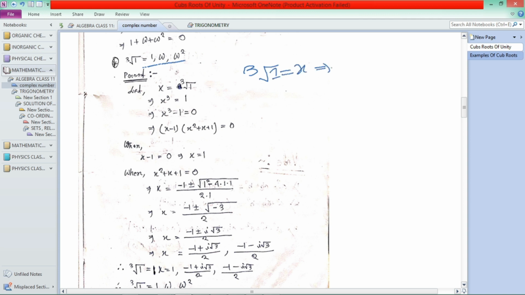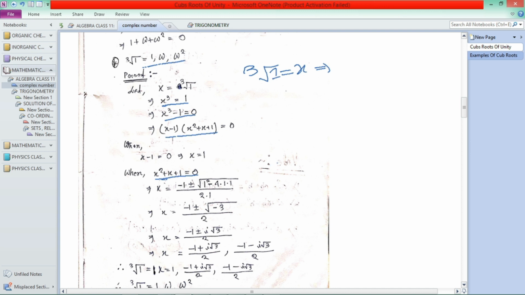x. Then x cube equals 1, so x cube minus 1 equals 0. The factorization is x minus 1 into x square plus x plus 1. So x minus 1 equals 0 gives x equals 1, and in x square plus x plus 1 equals 0, x is minus 1 plus or minus root of 1 square minus 4 into 1 into 1, divided by 2 into 1.